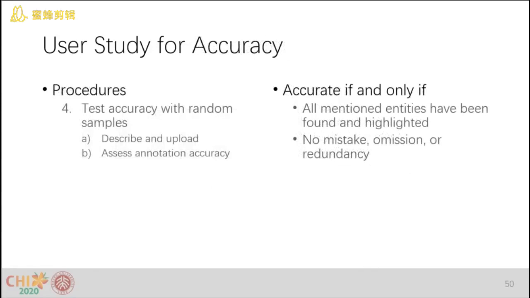In the fourth step, each participant is asked to randomly pick out 12 images from the corpus. For each image, the participant needs to write a 1-sentence description for testing. Results are considered correct if and only if all mentioned entities are identified without any mistake, omission, or redundancy.